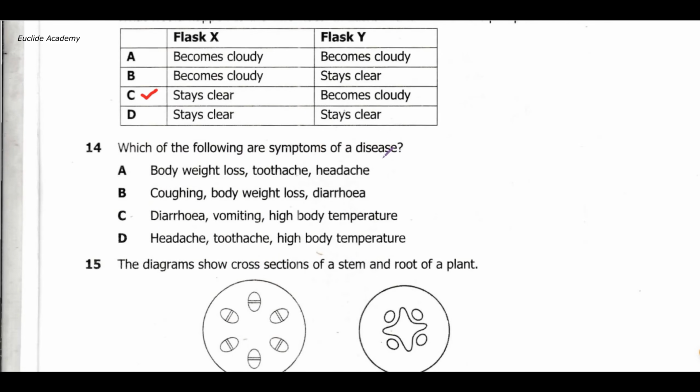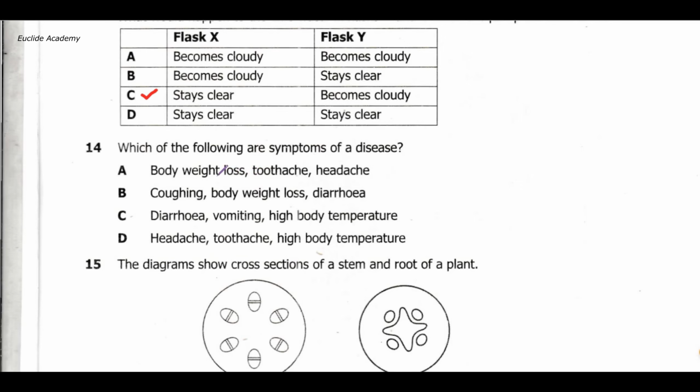Which of the following are symptoms of a disease? Symptoms of a disease are those which you feel yourself if you are a patient, or you are aware of them, but they are not observable by another person or a doctor. For example, body weight loss.